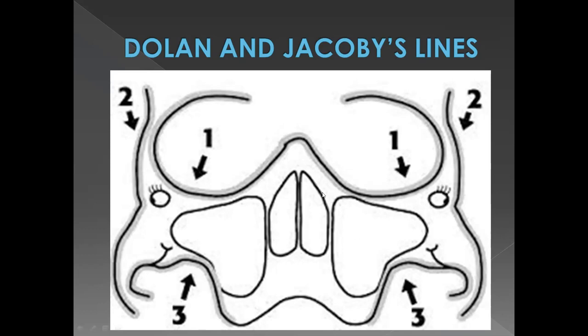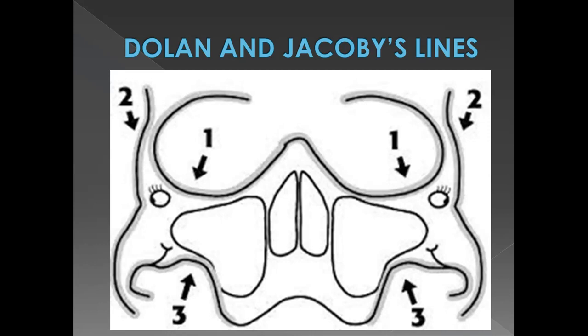And in some books, the nasal cavity is designated as Dolan line 4. So whenever you're interpreting the Waters view, you have to interpret it in terms of the Campbell lines as well as the Dolan and Jacoby's lines. Dolan and Jacoby's lines are also called elephant head lines.